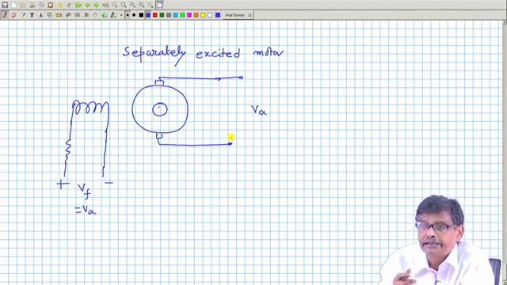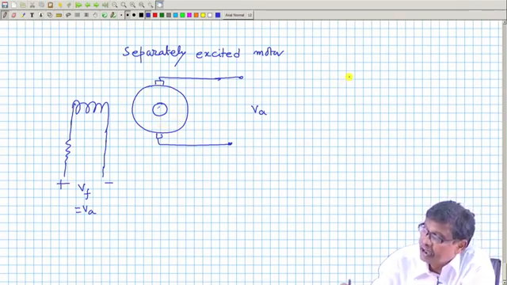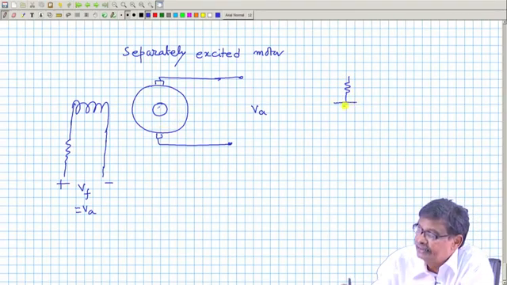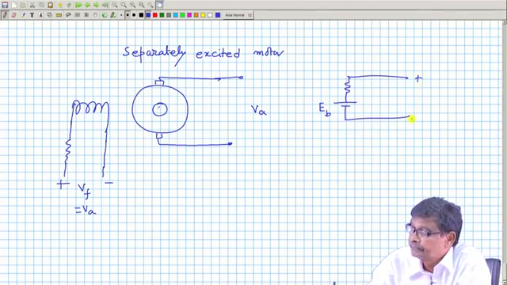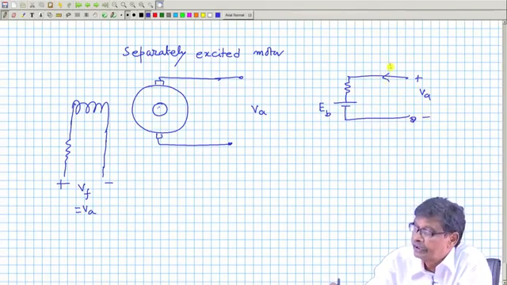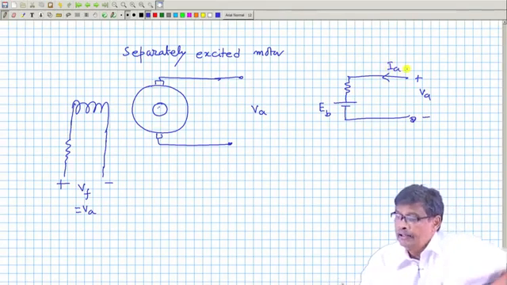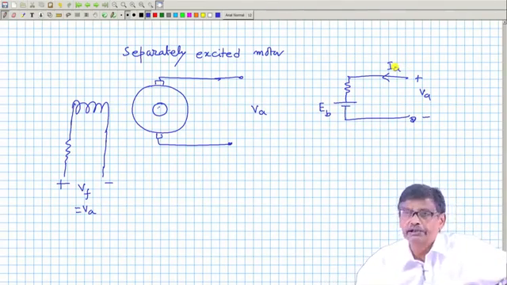Now, starting current is large, but as the machine picks up speed, because the armature circuit is like this, this is the back EMF, this is the supply, this is your Ia. This armature current will shoot up to a large value, then it will gradually decay.